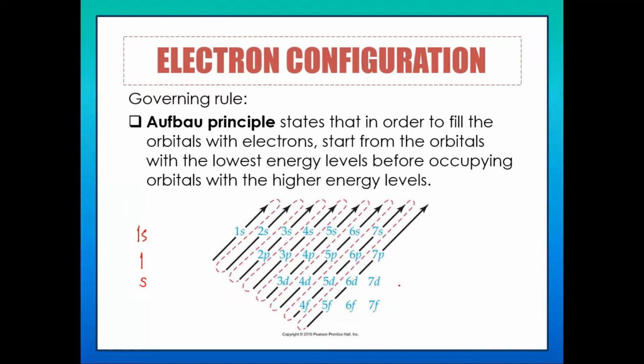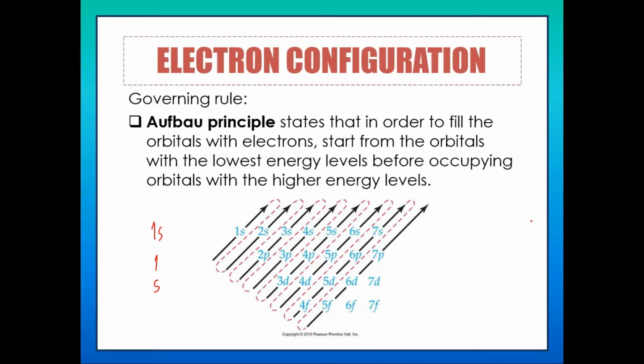As I mentioned earlier, it can occupy a maximum of 2 for s, 6 for p, 10 for d, and 14 electrons for f. Again, the Aufbau principle requires us, when writing the electron configuration of an element, to start with the lowest energy level, moving to higher energy levels.